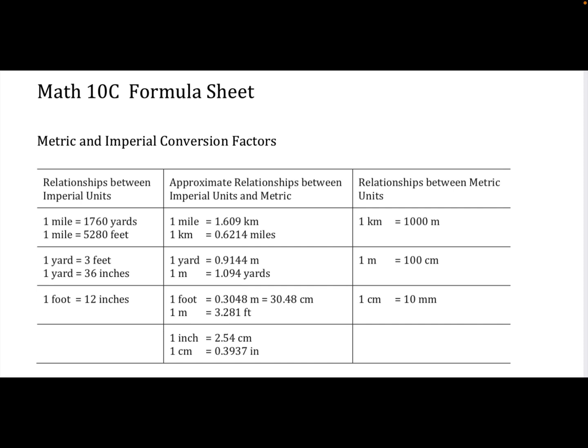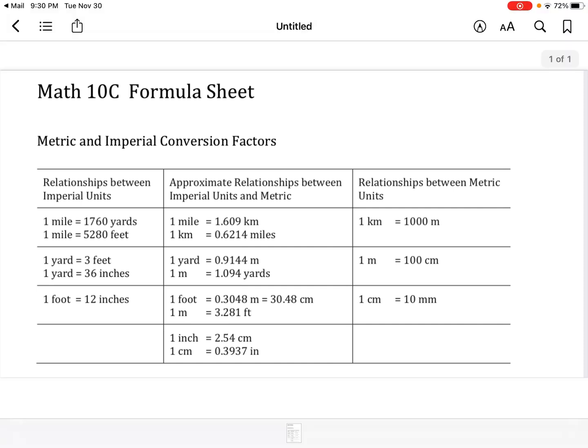So if you want to convert from one imperial unit to another, you would look here. This is like an imperial to imperial conversion. Okay, so for example, 1 mile is 1,760 yards, or in feet, it's 5,280 feet. Okay, 1 yard is 3 feet or 36 inches, and then 1 foot is 12 inches.